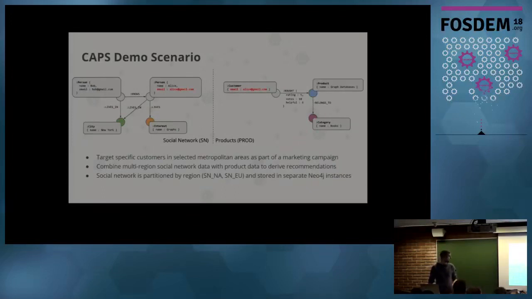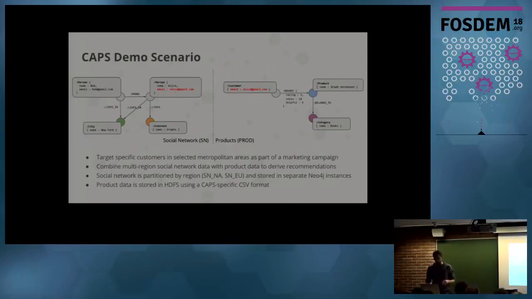And as you can already see, we have a shared attribute across those data sets. So people on the social network side, as well as customers on the product side, both have an email address. And this is where we can connect those data sets. So what we do is we assume that if a person on the social network side and a customer on the product side have the same email address, they are the same person in reality. So they represent the same entity.